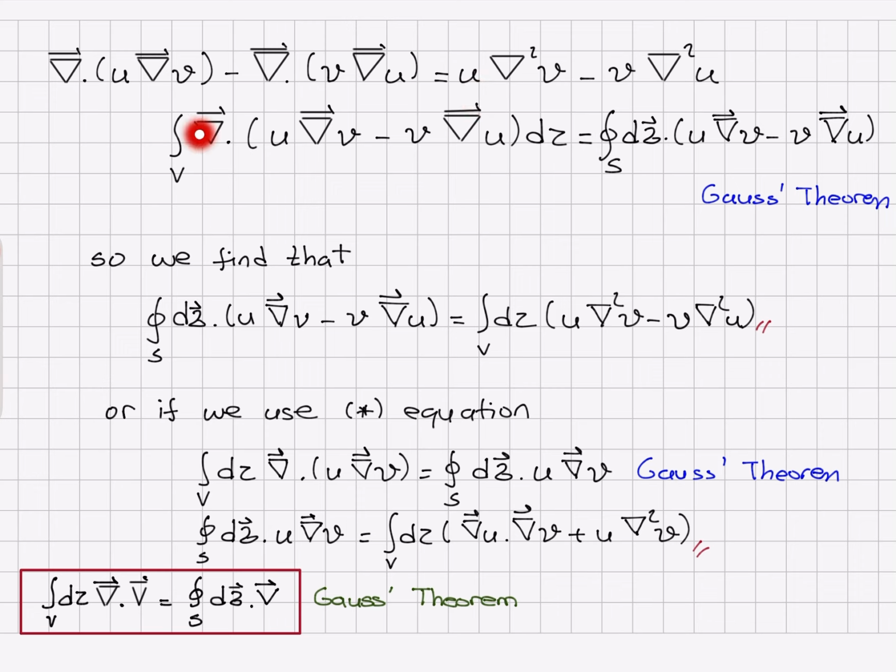So the volume integral of the divergence of this is equal to the closed surface integral d sigma dot this vector u gradient v minus v gradient u, according to Gauss' theorem. So this integral is equal to the integral d tau of the divergence of this, which we have shown to be u del square v minus v del square u. So we obtain the first form of Green's theorem.